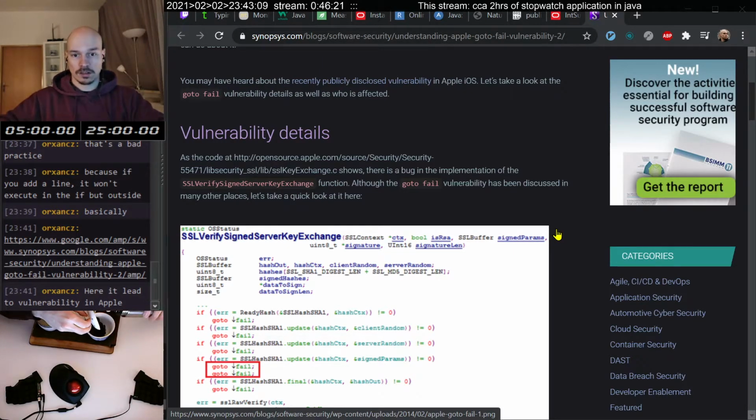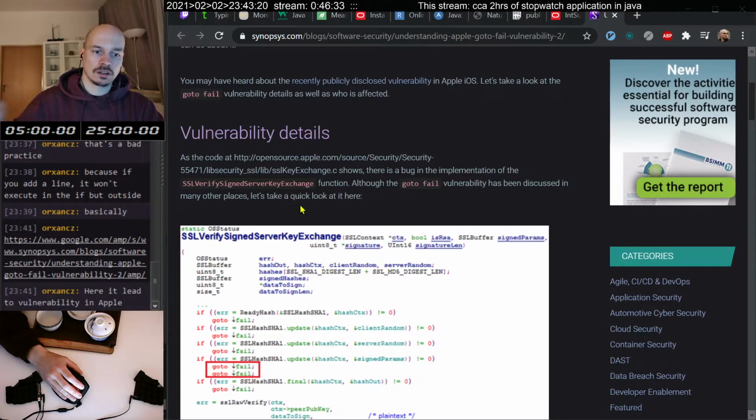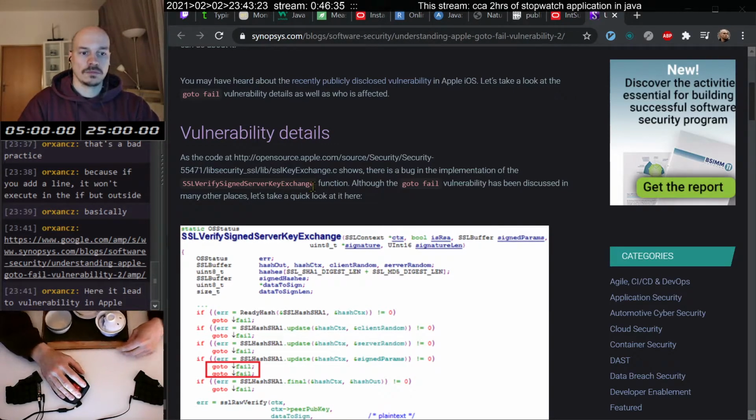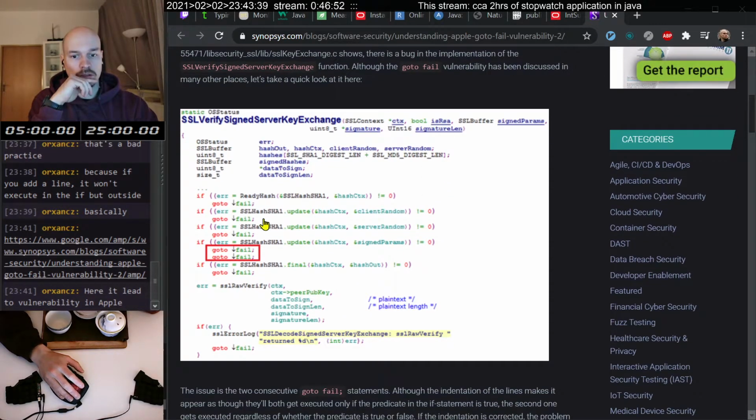So SSL. You don't want problems in SSL that could have some real impact. I read here: the goto fail vulnerability has been discussed in many other places. Let's take a quick look. Okay, so there's an if statement.